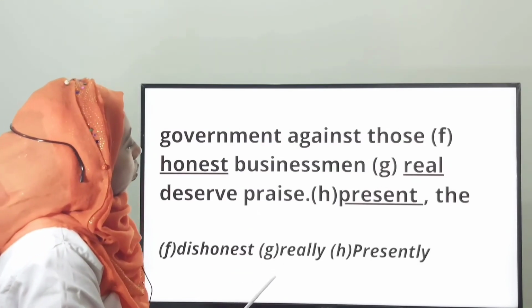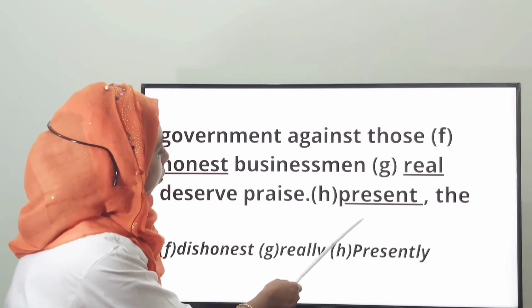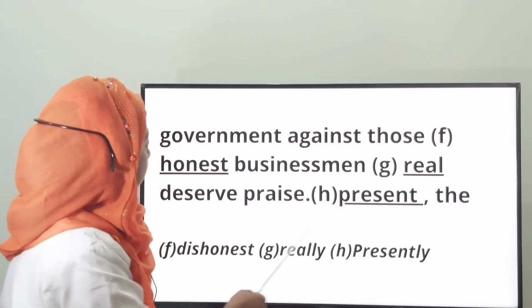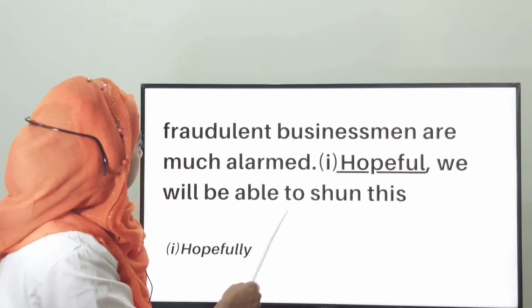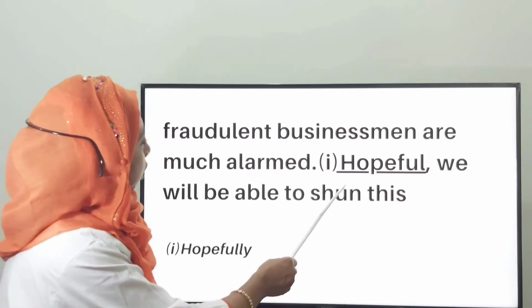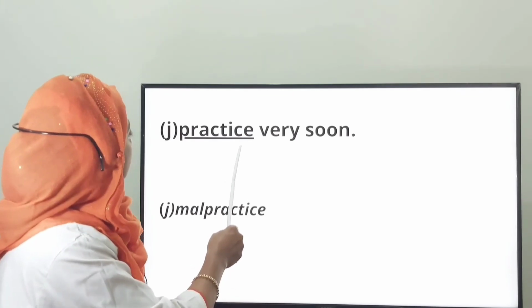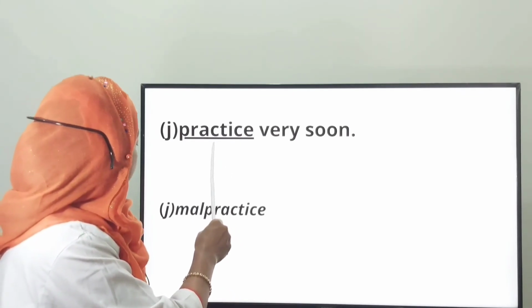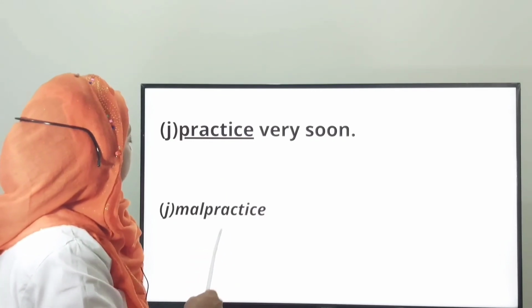Dear students, we think an adverb word for this gap. So here we will use ly and presently. Hopeful we will be able to shun this practice very soon. So dear students, we will change the word into hopefully and practice we will change after using a prefix, malpractice.